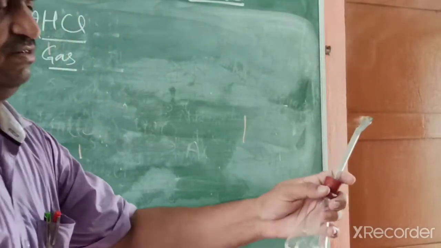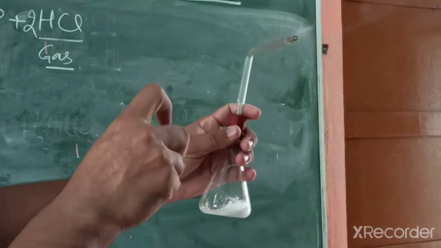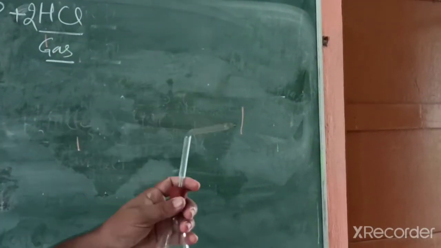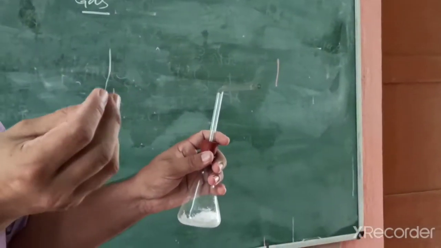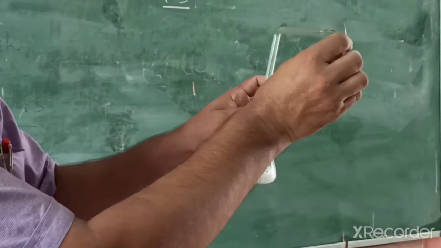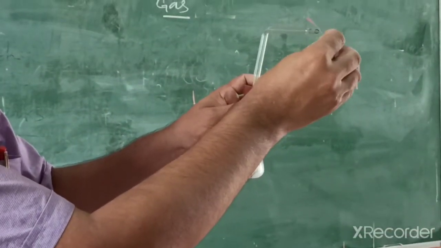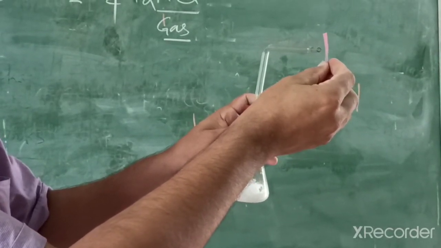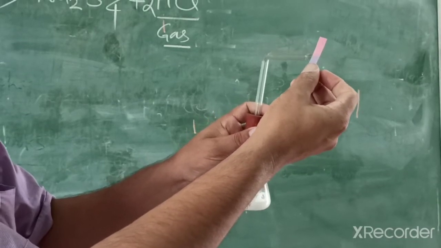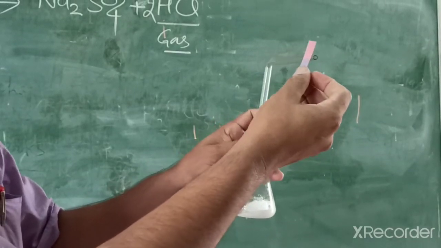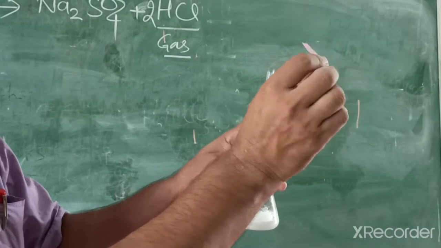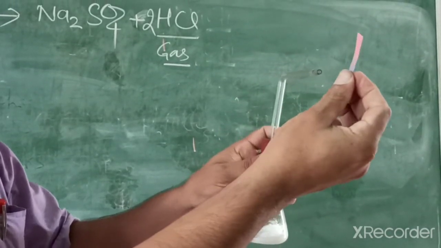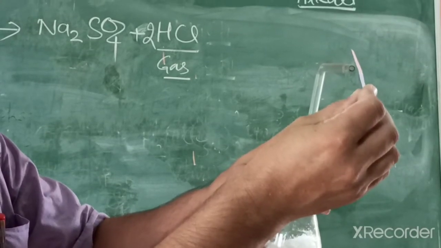then what happens? We want to confirm the nature of this acid. If it is dry but there is moisture, then due to the moisture it changes the color. Blue litmus changes into red litmus. Why? Because of moisture: this HCl gas releases hydrogen ion when dissolved in water, and due to moisture it provides hydronium ion, so it converts into red color.